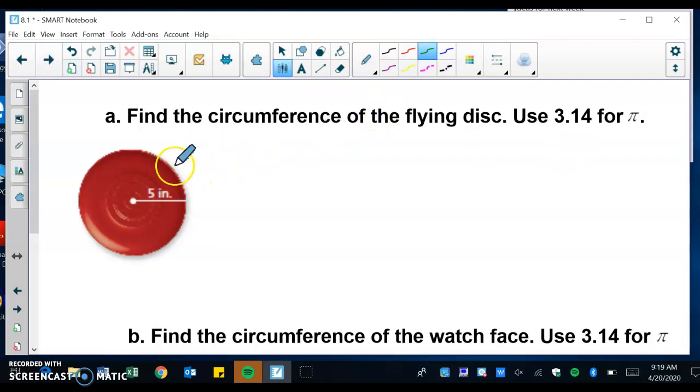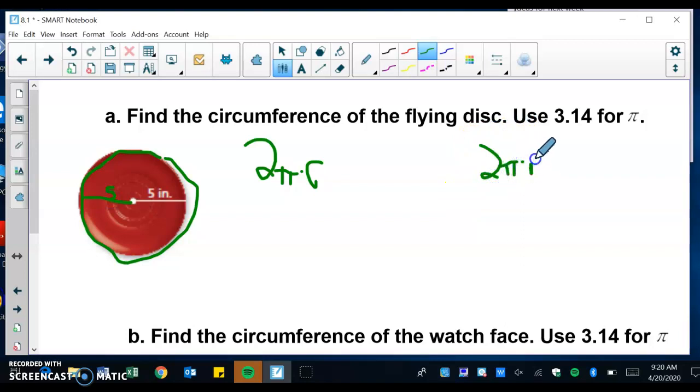So if we want to find the circumference, which means if I trace it in green, we're going to find the outer edge of this disc for disc golf. We're given radius, so we're going to do 2 pi r. Or you can change this radius into diameter, which means pi times diameter. Either way, it's going to give you the same answer. So 2 pi r, my radius for the sliding disc is 5, so 2 pi 5.